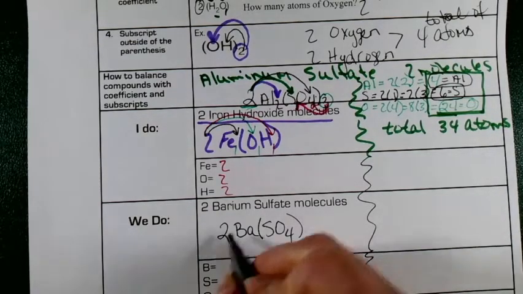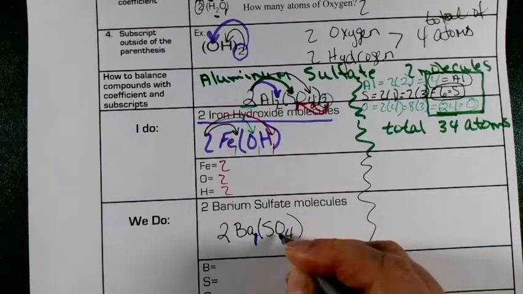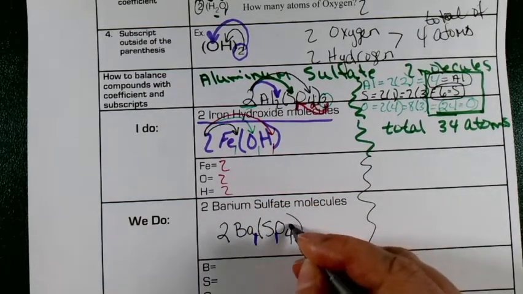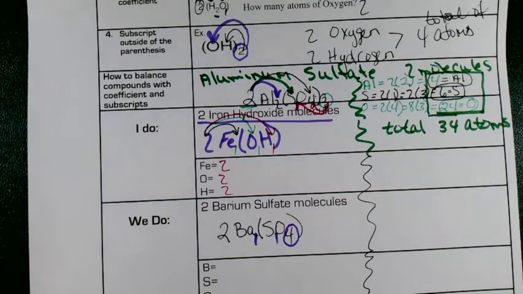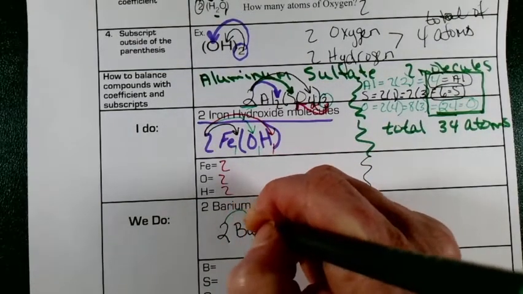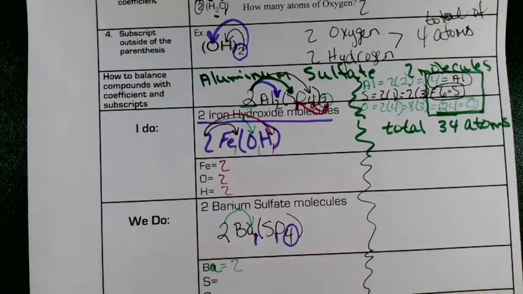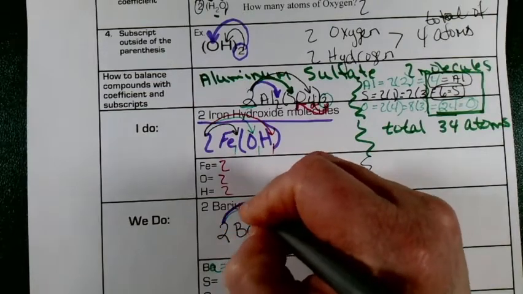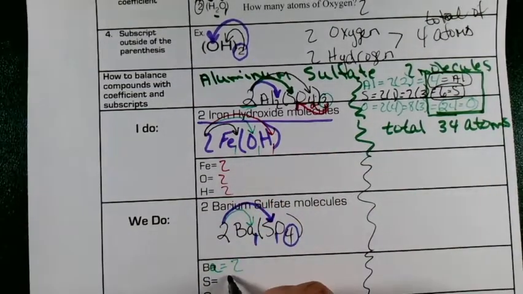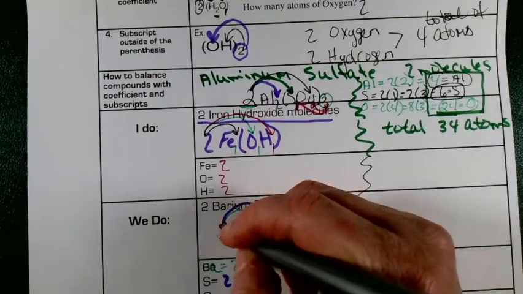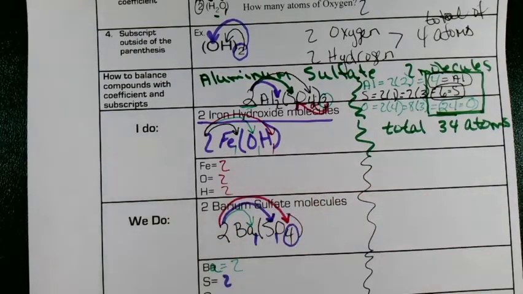So I can take this 2, there's a pretend 1 here, pretend 1 here, and there's 4 oxygens. So multiply 2 times 1 for barium. Oh, sorry, there's supposed to be an A right there. So barium 2, and then I go to sulfur. 2 times 1 is 2 for sulfur. And then a 2 times 4 for my oxygens.